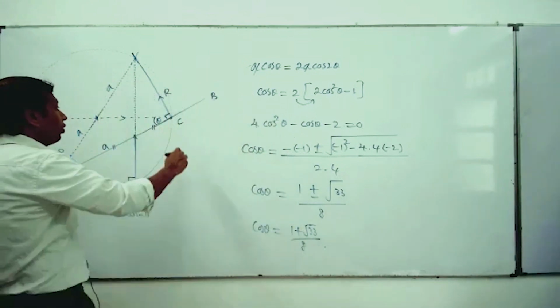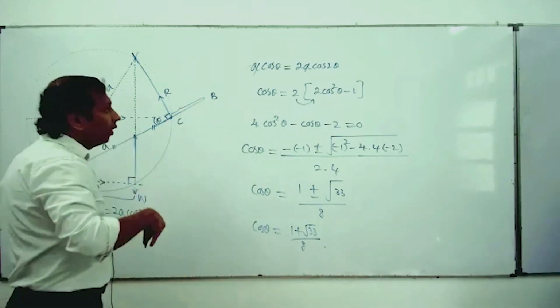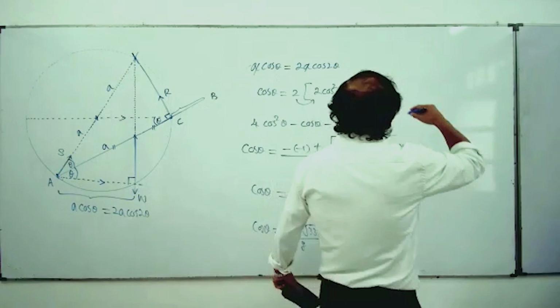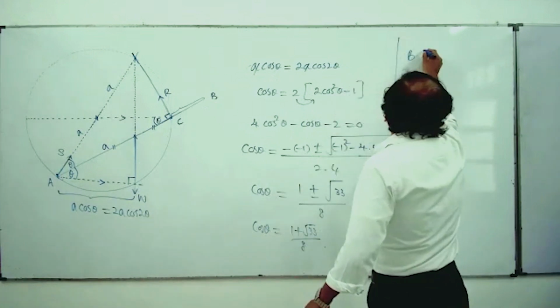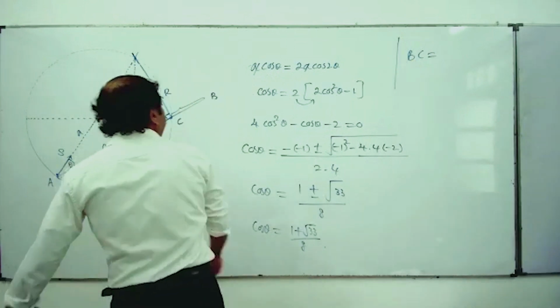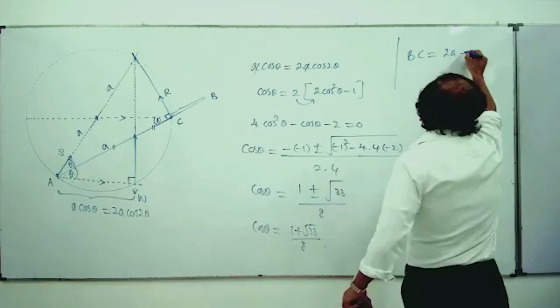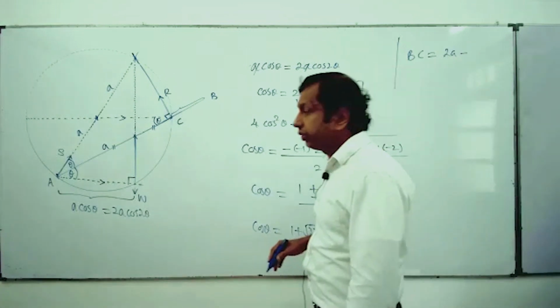Now asking for this length, people. This length you can write how? BC length. BC length is from here to here; from 2a, because we are given the length of the rod as 2a, we have to subtract this part AC.